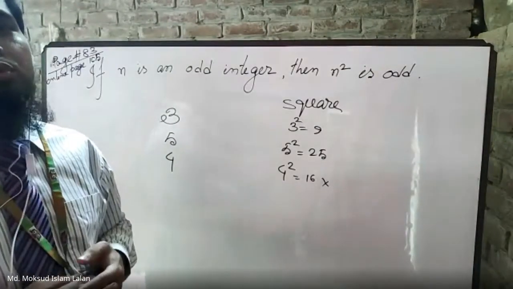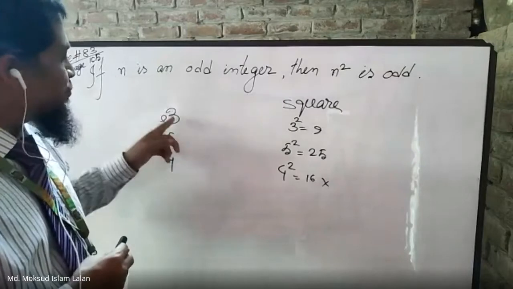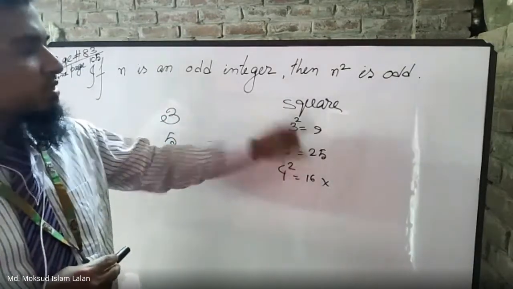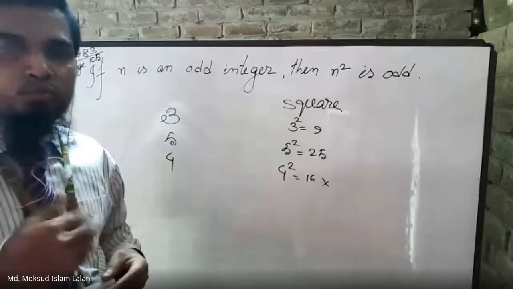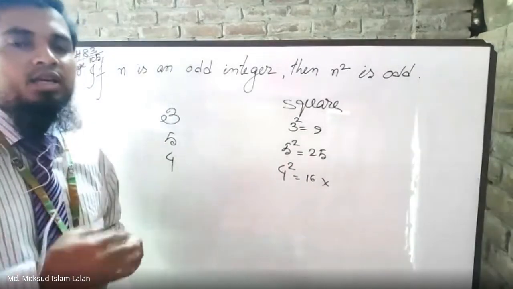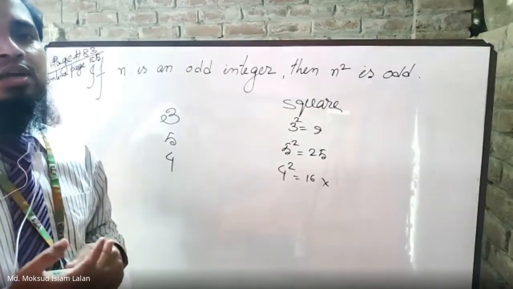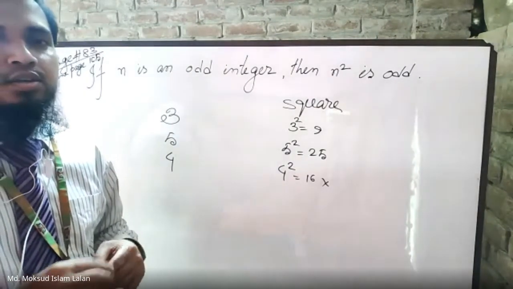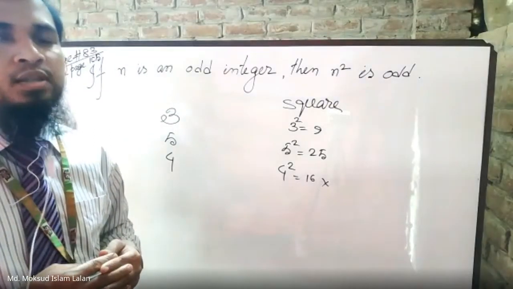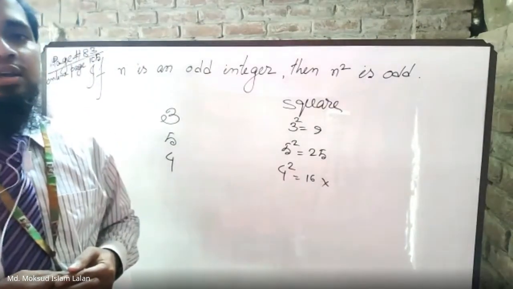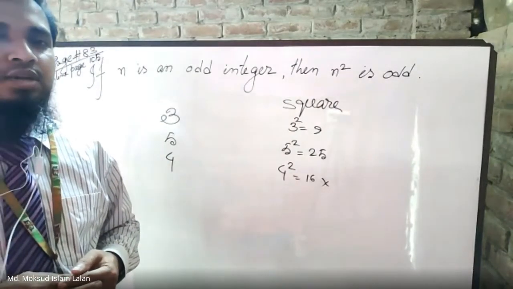We have to prove that if 3 is odd and we square it, then 9 will also be odd. You have to prove it mathematically, logically, by contradiction or any other way. Do you understand, Habib? Yes, this is definitely in terms of propositions, okay?